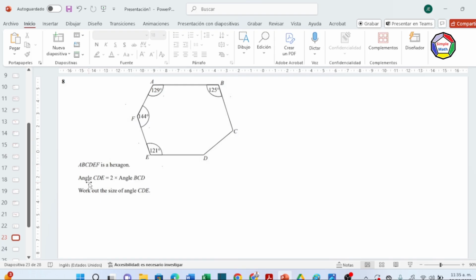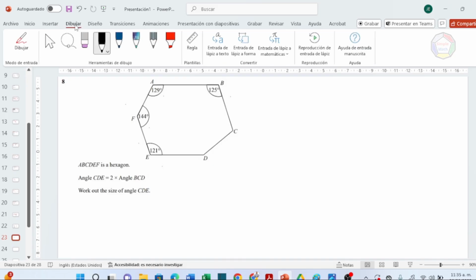The angle CDE: remember that the notation is clear, and the letter in the center, in CDE, means that the letter D is the vertex.